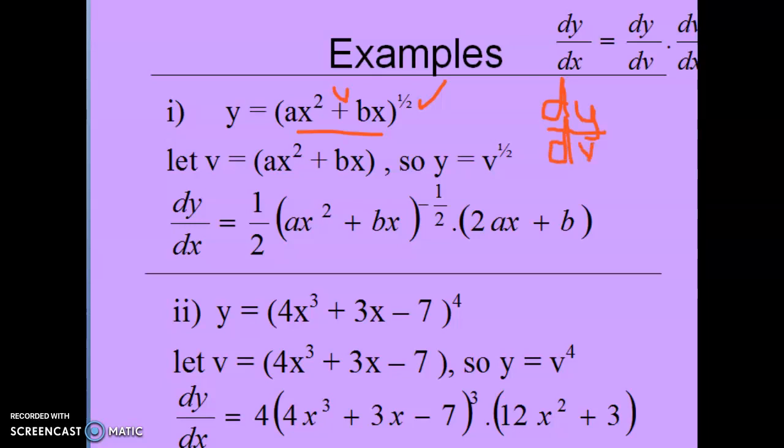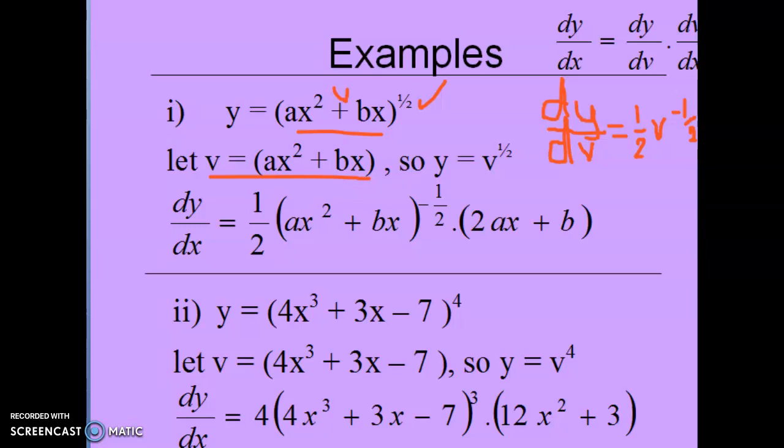Which is, as we agreed, we bring the 1/2 here, 1/2, v to the power half minus 1 is minus half. That's dy dv. Then here we have v and x. This is dy dv.